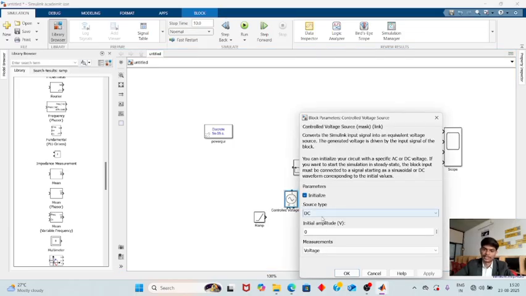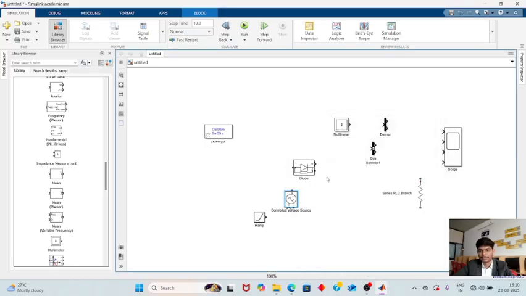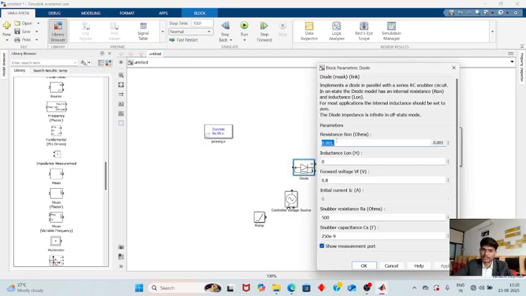Its source type is DC and we require to measure its voltage. Then click on the diode. We require its resistance 0.001, forward voltage 0.8, snubber resistance 500 ohms, and snubber capacitance 250E9.